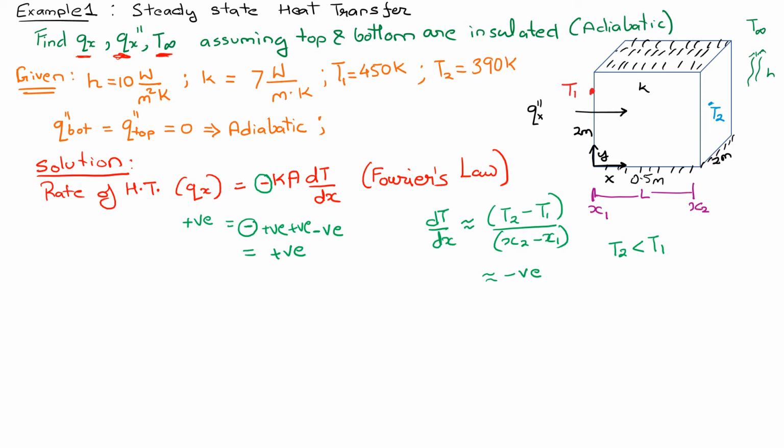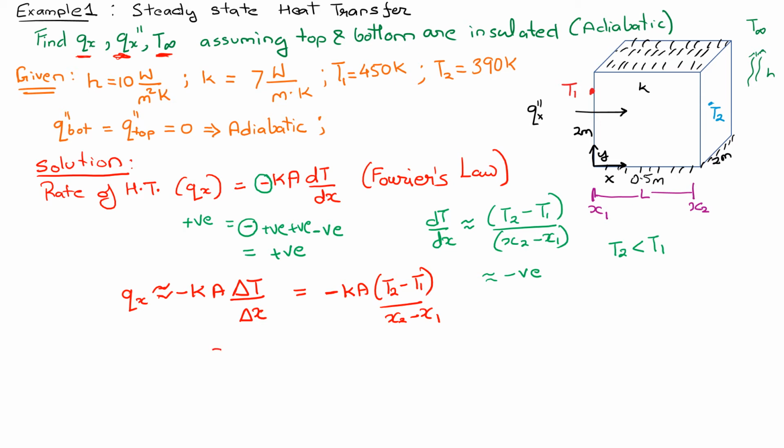So we need to calculate the rate of heat transfer in the x direction. So we can approximate Fourier's law as Qx is equal to minus k times A into delta T, let's say we are approximating it by delta x, and this can be written as minus k times area into T2 minus T1 upon x2 minus x1.